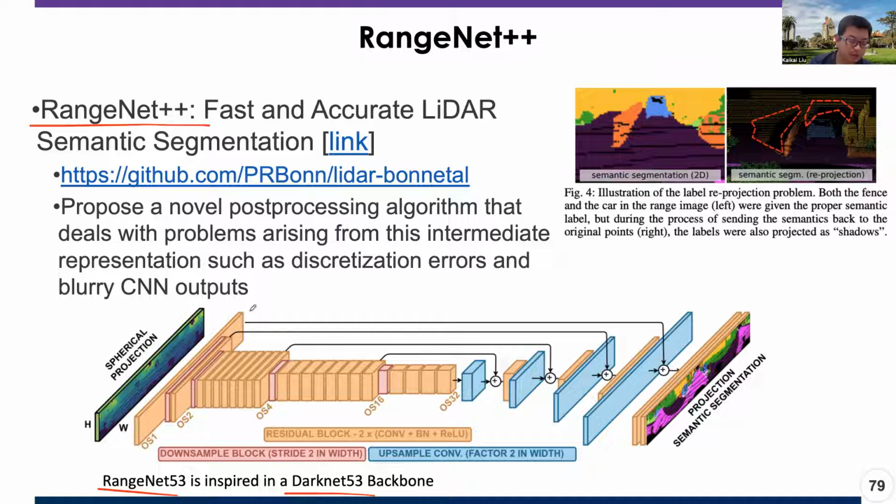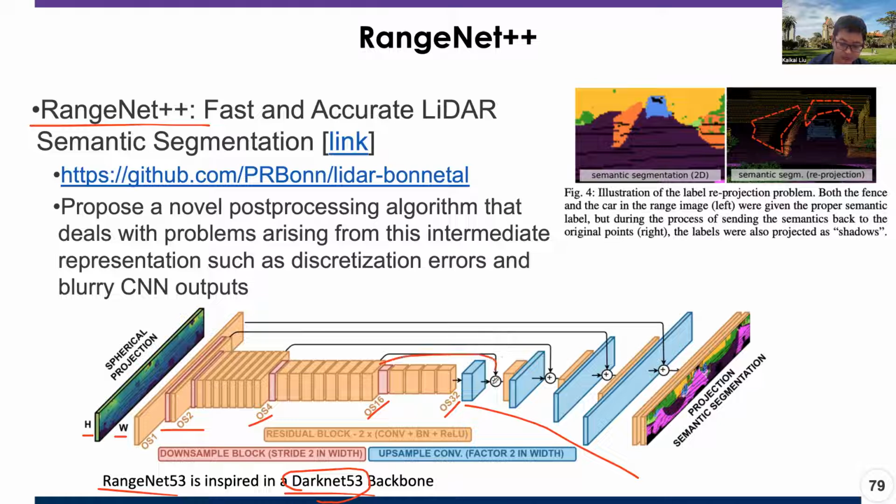The other idea is very similar. You shrink the horizontal dimension. The vertical height has no change, but the width is reduced by 2, reduced by 4, reduced by 16, and finally reduced by 32. So you reduce the width and apply the residual block similar to Darknet53. Then you do the decoding part, which is also similar to the UNet, right?